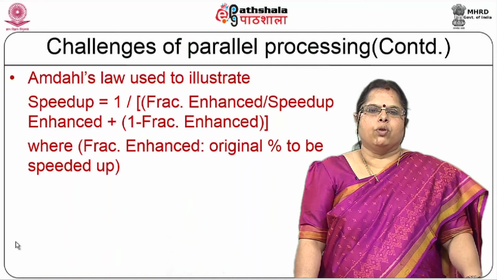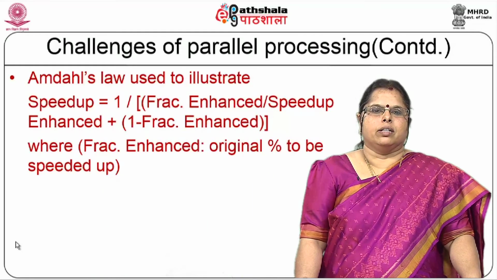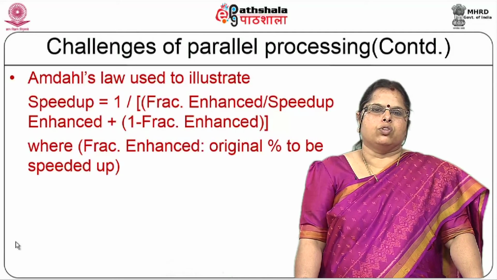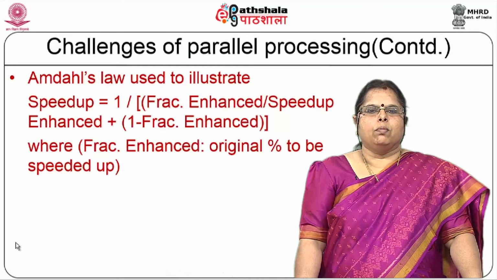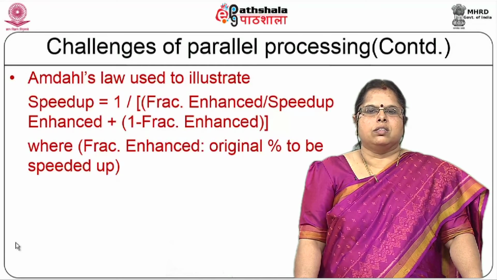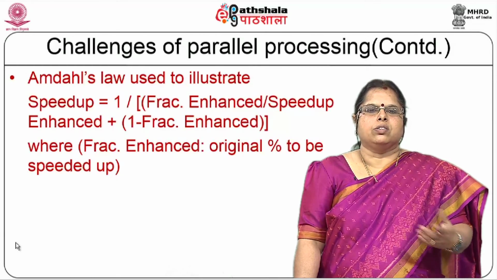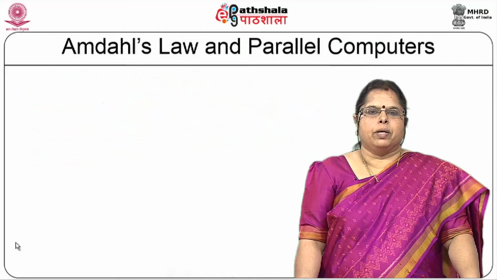Your problem of not having enough parallelization and your problem of communication latency. So, in order to illustrate this, let us look at Amdahl's law, which tells you that your overall speed up is going to be 1 by (1 minus fraction enhanced plus fraction enhanced by speed up enhanced), where fraction enhanced is the original percentage of the program, that is the original component, which is going to be speeded up.